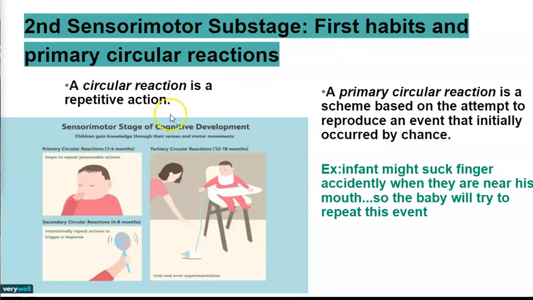Or actually, this is the same substage, the second sensory motor substage, but we're talking about primary circular reactions now. A circular reaction is just a repetitive action.